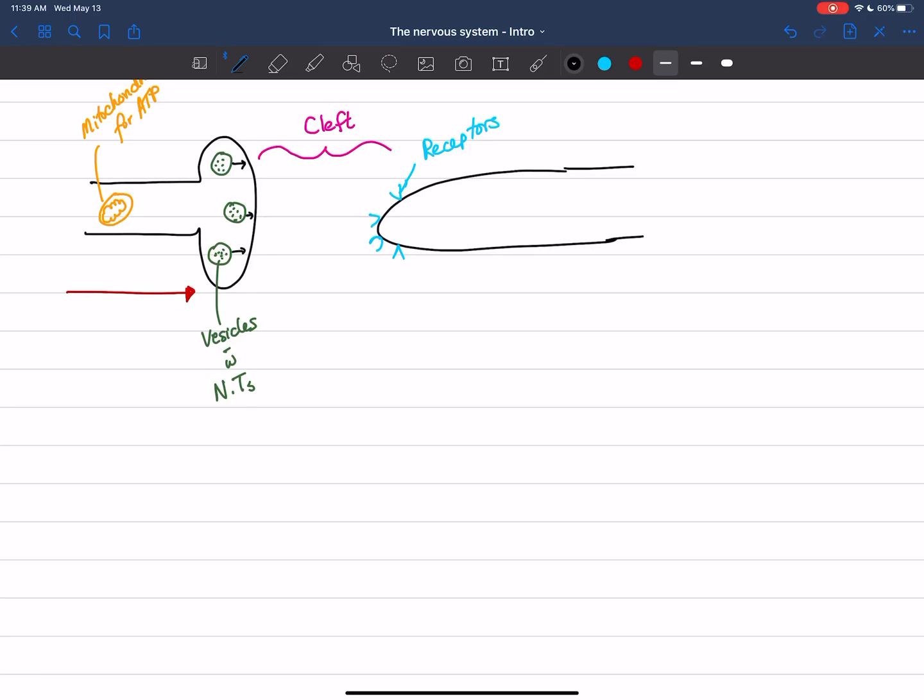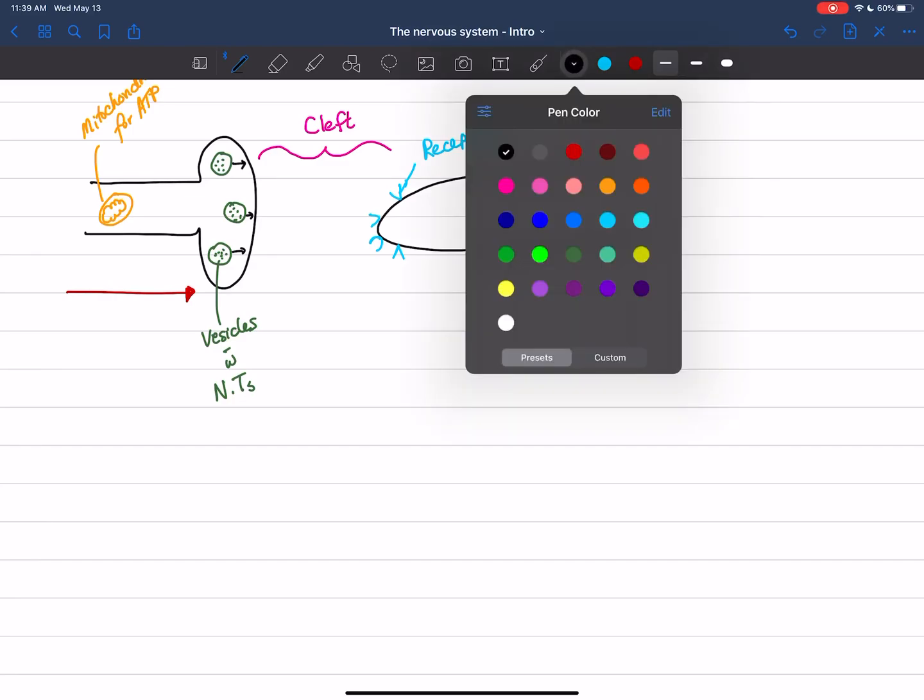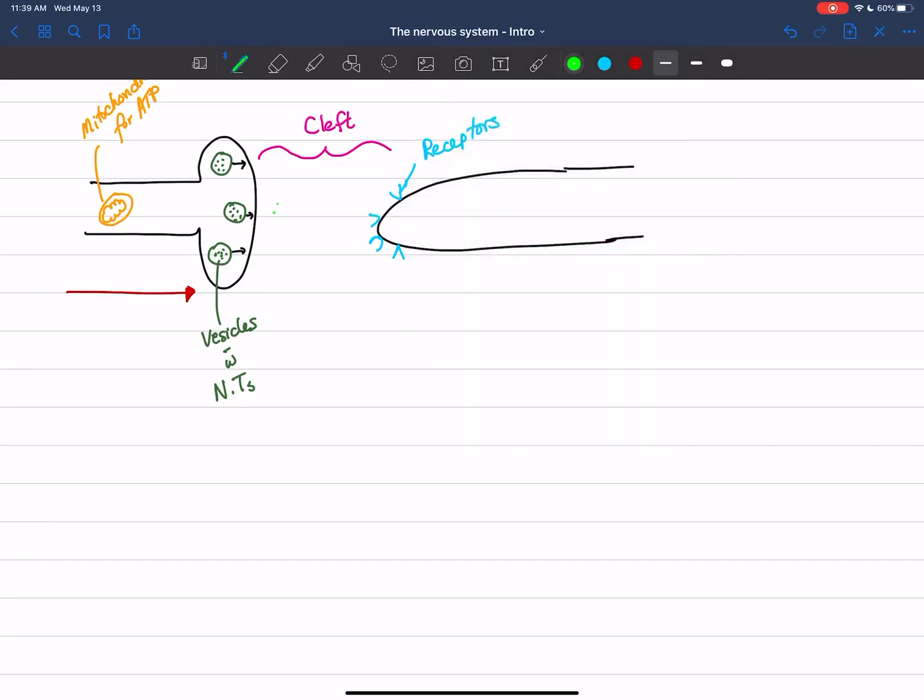And when that happens, with the help of some energy, ATP, if you remember exocytosis, the neurotransmitters are released in the cleft, and they diffuse through the cleft until they arrive at the receptors. And if the neurotransmitter fits with the receptor, it causes the next neuron to have that impulse, that exchange of sodium and potassium ions, to occur.